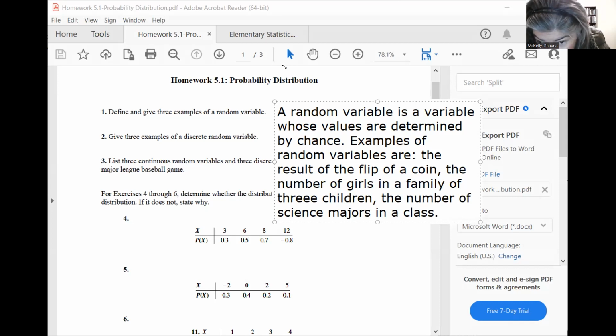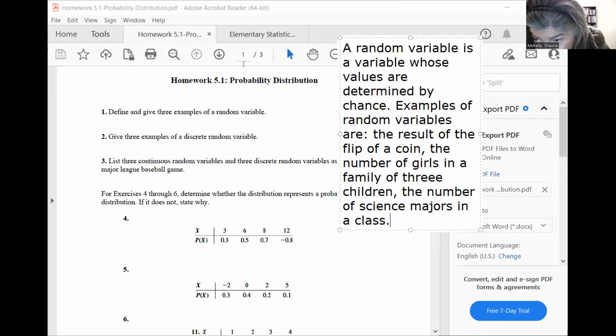Those are random variables, okay? Define and give 3 examples. Your examples can be different than mine, but the definition is the same. A random variable is a variable whose results are determined by chance.